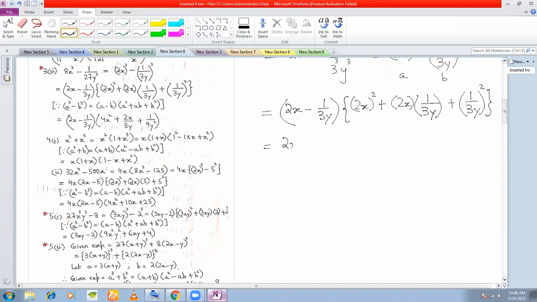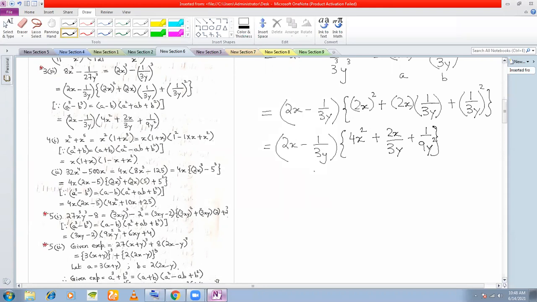So this is 2x minus 1 by 3y into 4x square plus 2x by 3y plus 1 by 9y square. And these are the two factors.